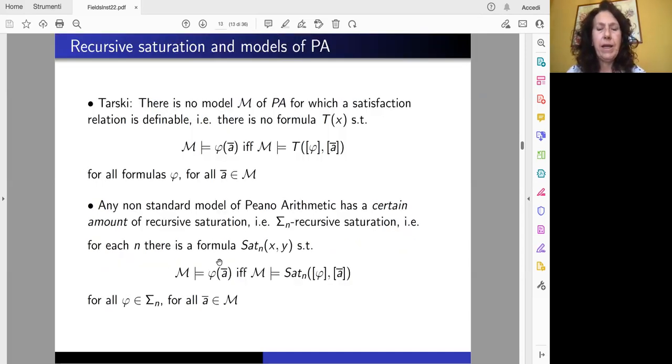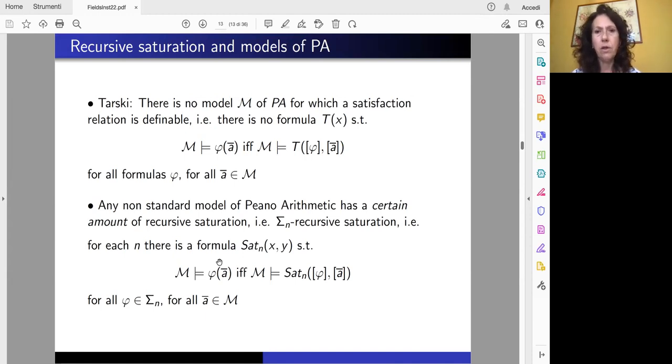But there is a kind of saturation in models of Peano arithmetic. Here I reviewed basic things about PA, models of PA. There is no definition of satisfaction for any model of Peano arithmetic.